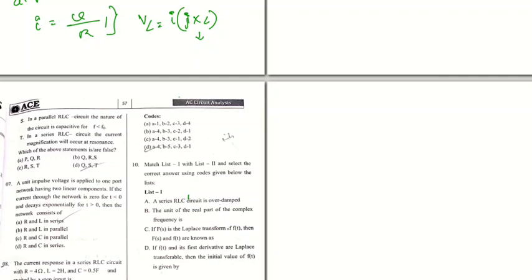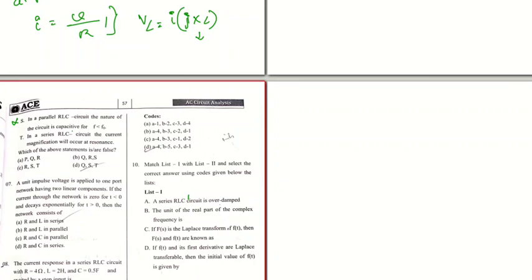So before resonance the parallel circuit acts as inductive in nature. So this statement is false. If it was inductive in nature, it would have been true.